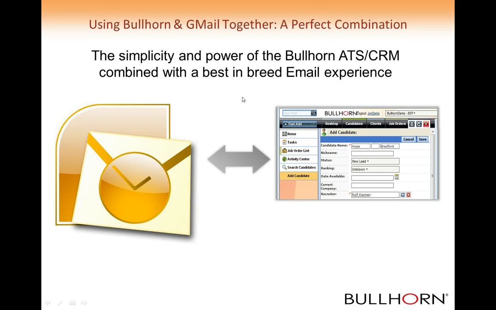Bullhorn will communicate with your new Google Calendar in the background. So when you schedule interviews or add appointments in Bullhorn, they will instantly show up on your Gmail calendar. Also, when you click on an email link in Bullhorn, it will automatically launch a new Gmail message.